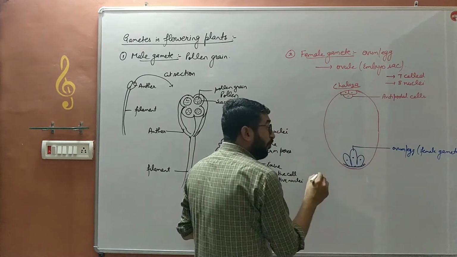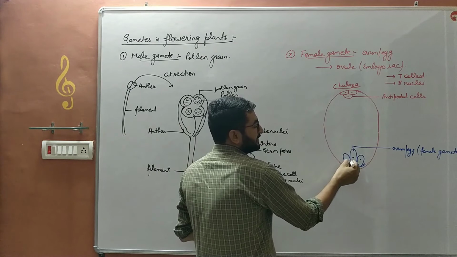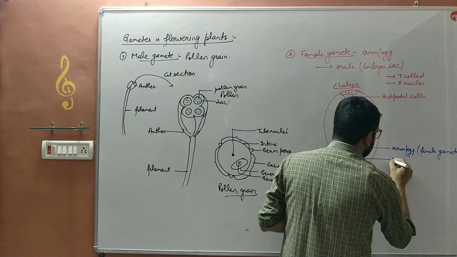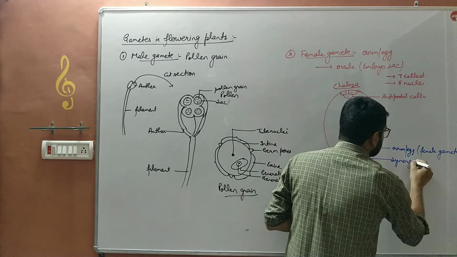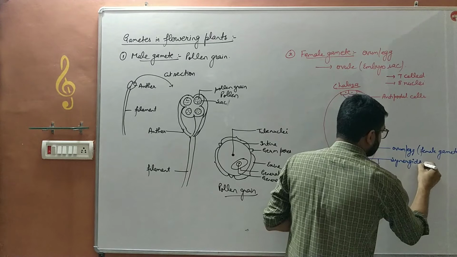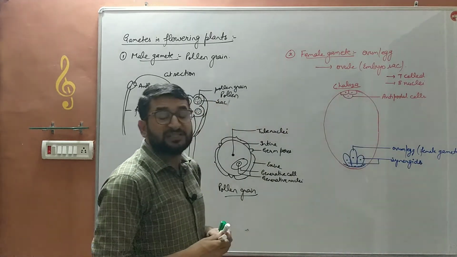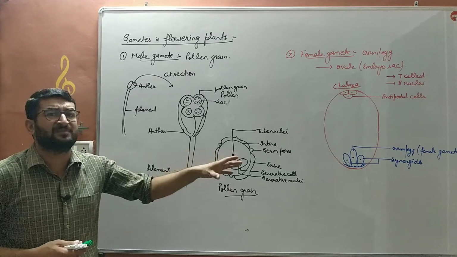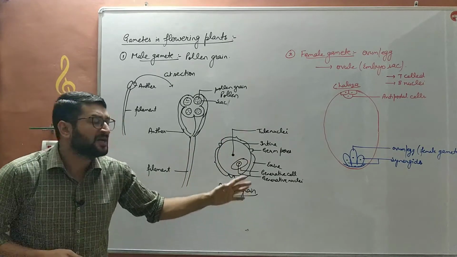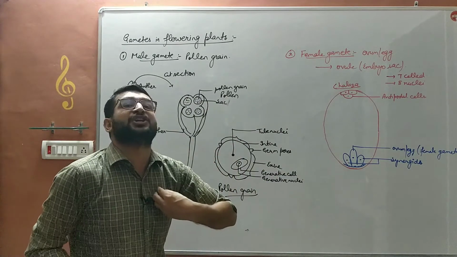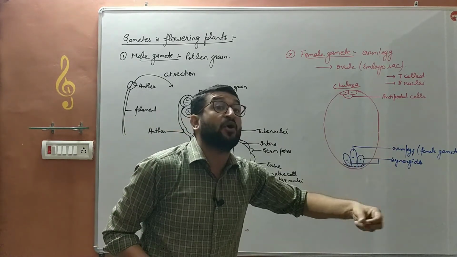And this ovum or egg, if you look closely, has 2 cells present around it. These 2 cells are known as synergids. As soon as the pollen grain fuses with this ovum, these synergids will degenerate and give their energy to the zygote.